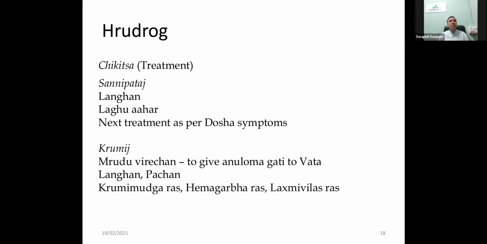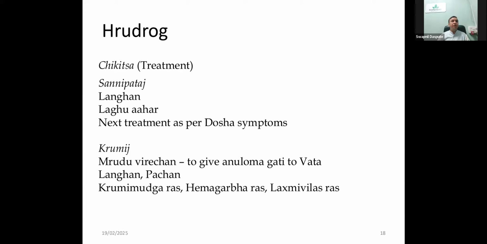So in that case, you can give Arjuna Kshirapak in Pittaja type. In Sannipataja type of Rudroga, the Chikitsa should be Langhana, Laghu Ahara, then treatment as per dosha symptoms. So first is Langhana, then Laghu Ahara, and whatever treatment is to be done should be done as per the symptoms according to the doshas.